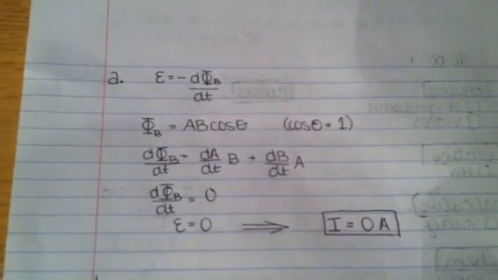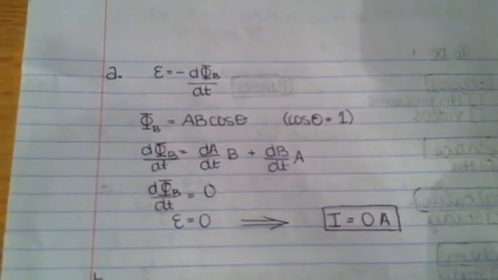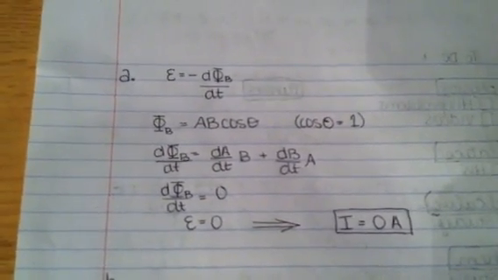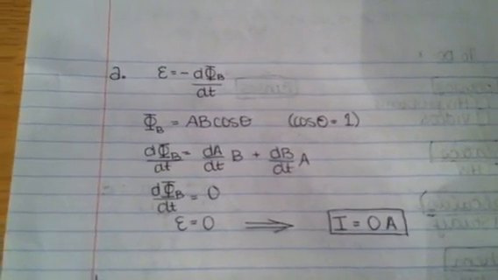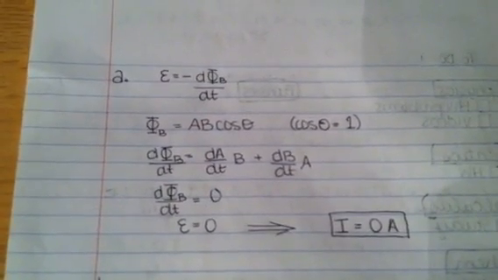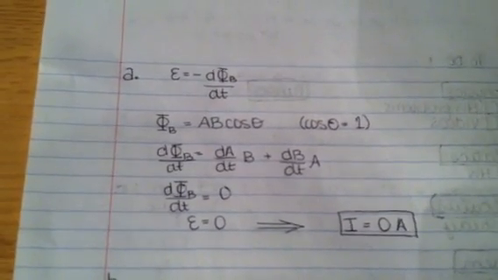So, differentiating phi, we get that d phi dt is equal to dA dt times B plus dB dt times A. And in this case, since our area is not changing, the dA dt term will turn to 0, which will cancel that.